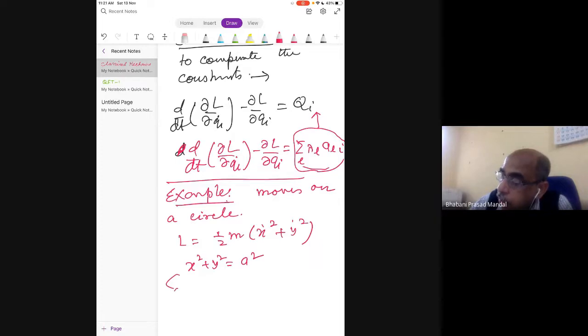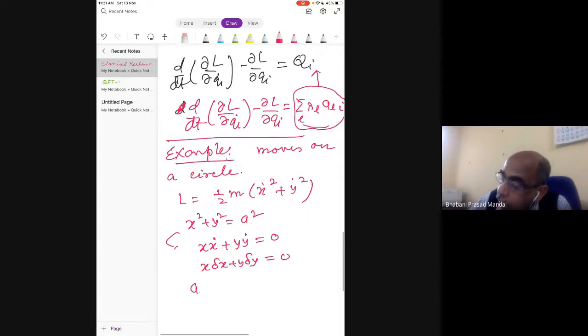So if I differentiate, it will be x dot plus y dot equals 0, right? So if I write this as a_x delta x plus a_y delta y equals 0, you will find my a_x is x, a_y is y. Compare that.